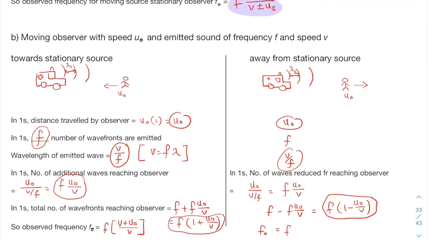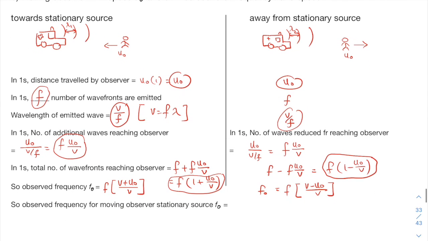Allow me to make that a common denominator: v minus u_o over v. So now I have the two cases for scenario B. Let's put them together. The observed frequency for a moving observer and stationary source would be f times v plus or minus u_o over v.